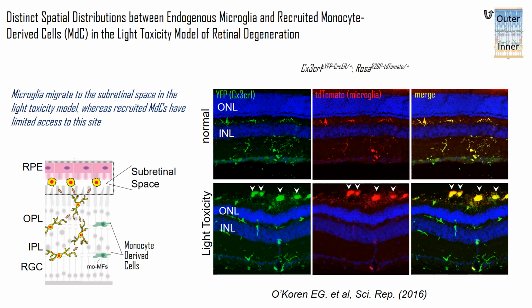By contrast, under light toxicity settings, one can see YFP cells throughout the depths of the retina, including the very outer layers. However, the tdTomato lineage traced microglia are only found within the subretinal space, whereas the remainder of the YFP cells are throughout the rest of the parenchyma.